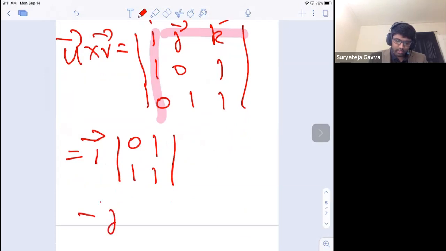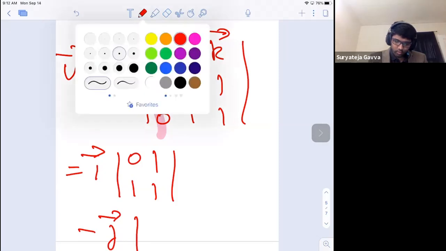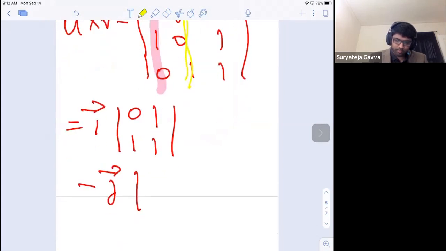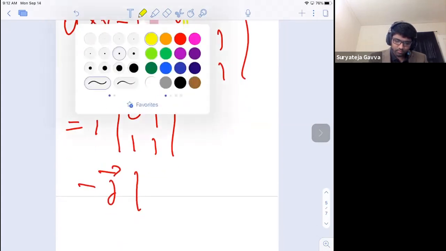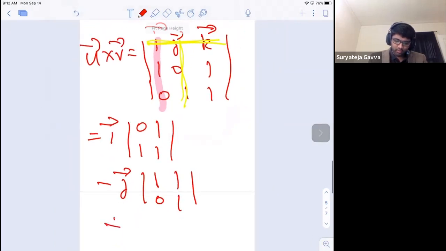And minus J times: now you remove the second row, second column, so you're left with 1, 1, 0, 1. And finally, K times: remove the third row, third column, and you're left with 1, 0, 0, 1.